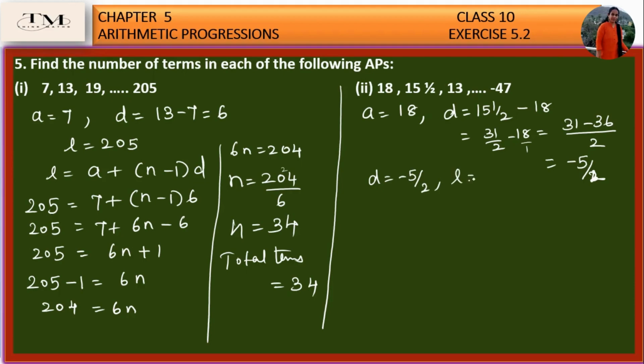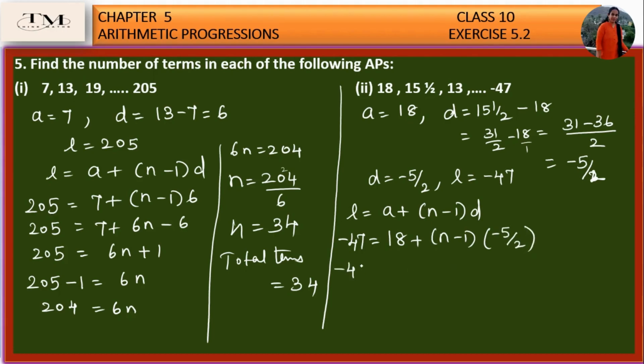What about the last term? The last term is minus 47. So using the formula l is equal to a plus n minus 1 into d: minus 47 equal to a, which is 18, plus n minus 1 into d, which is negative 5 by 2. Multiplying with n minus 1: minus 5n divided by 2, and minus into minus will become plus 5 by 2.